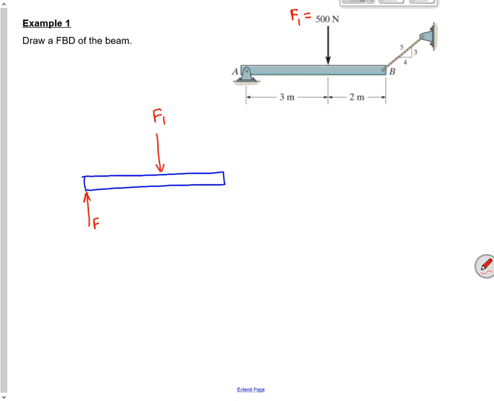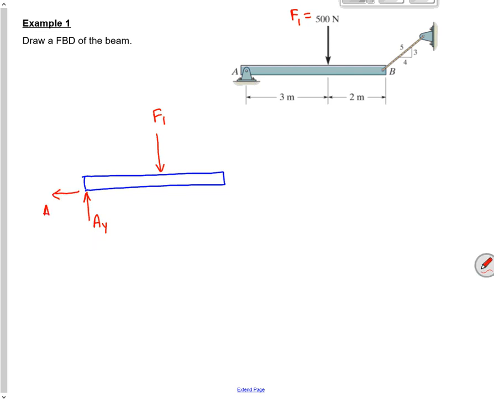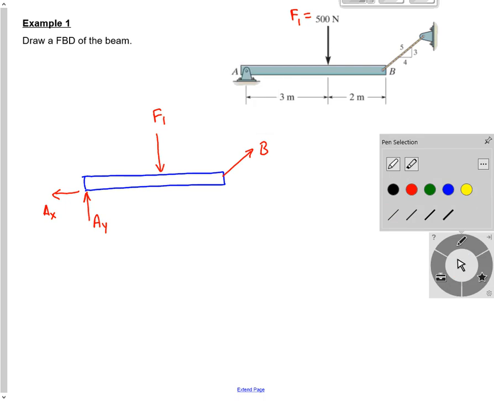Let's give it a different name. It will produce a force AY. Right, I can't move the left end up or down. And it'll also produce a force in the X direction. I can't move it left or right. Over here at B, it's got a fixed link, maybe that's not the best name for that.